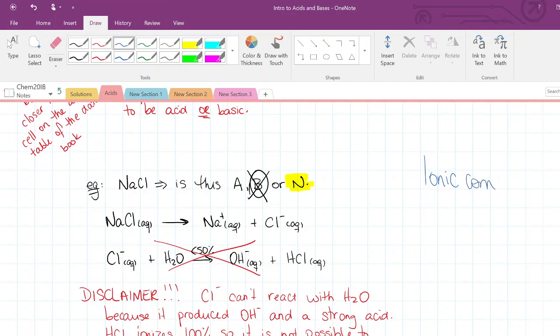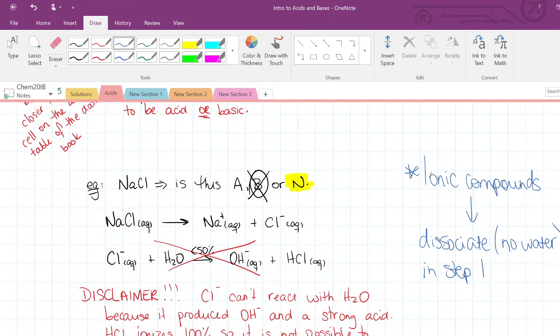Ionic compounds dissociate, and that means no water in step 1. Okay, so that's important for you guys to realize.